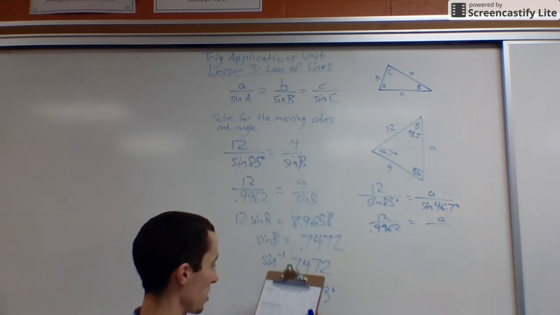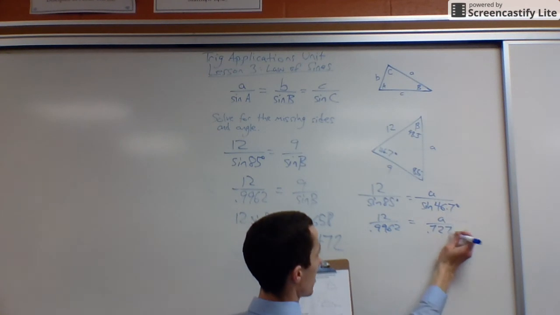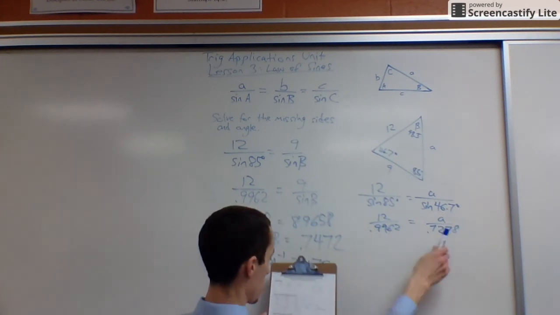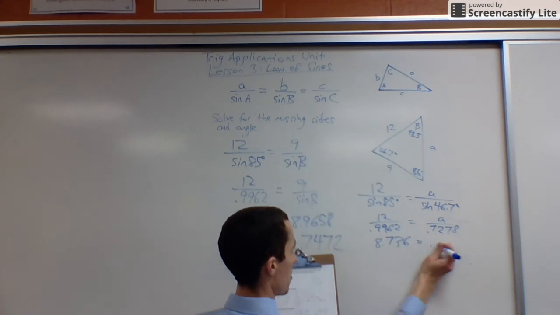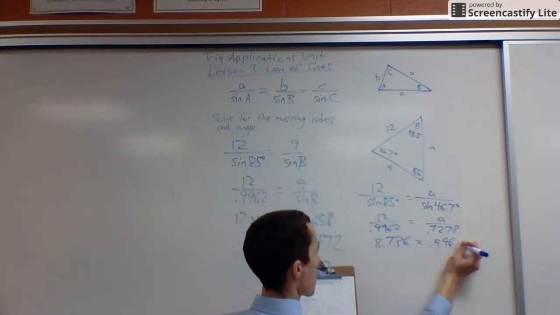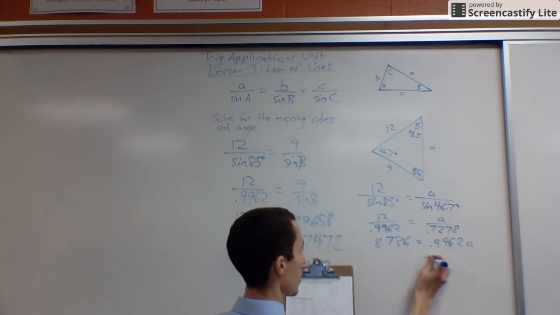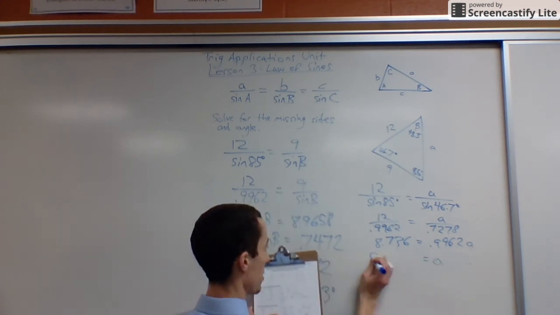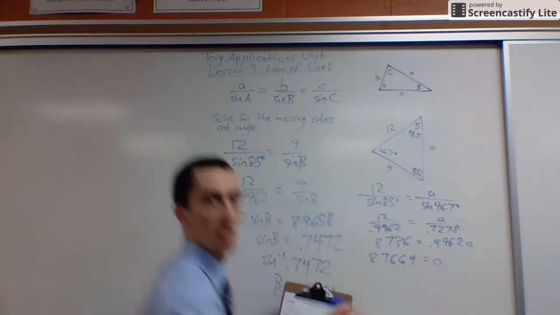And the sine of 46.7 degrees is 0.7278. Cross products. And then divide both sides by 0.9962. And we have that side A is 8.7669.